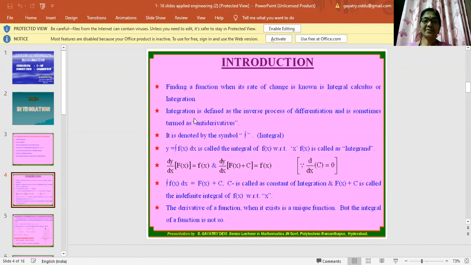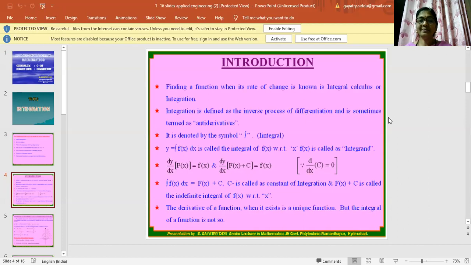Definition: integration is defined as the inverse process of differentiation. You have already come across differentiation in your second semester. So now you have to learn how to inverse it.